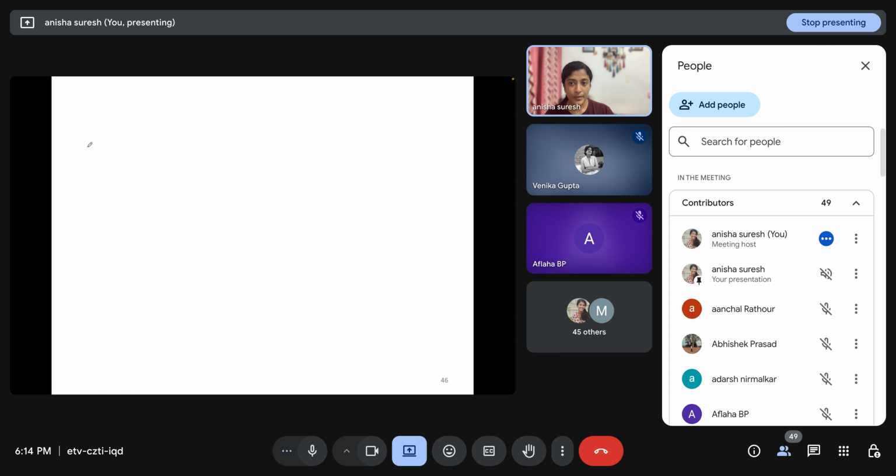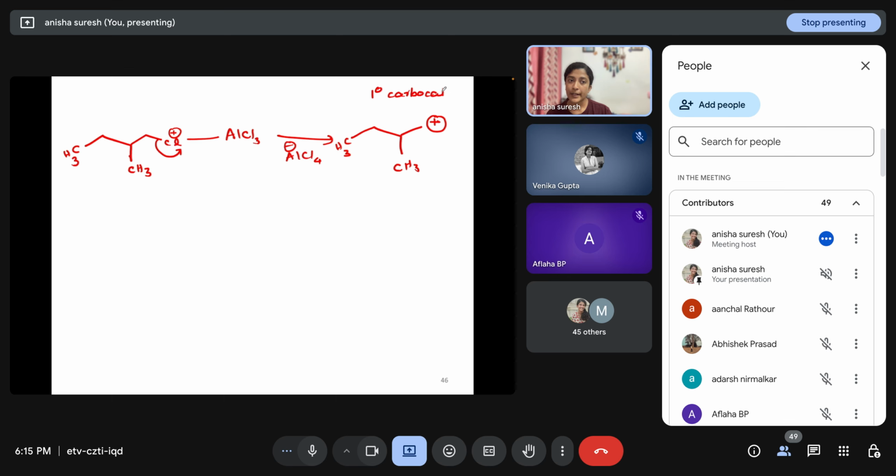So this is our alkyl partner, CH3. In the presence of AlCl3, this will bond and Cl will be removed as AlCl4 minus, leading to formation of this carbocation. But this is a primary carbocation, right?